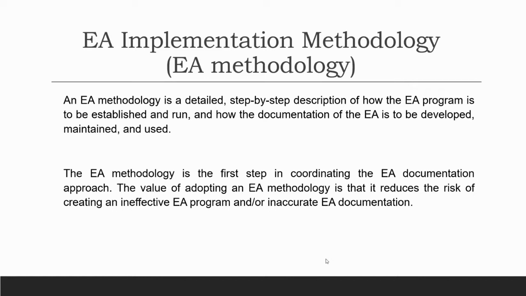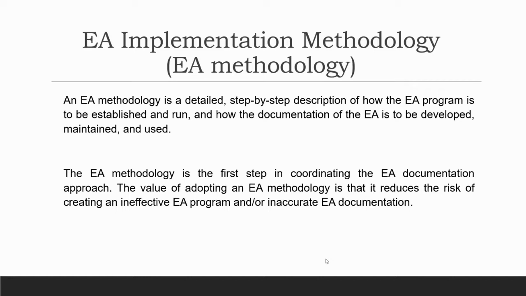So the adoption of a comprehensive enterprise architecture implementation methodology is one of the keys to success in enterprise architecture and business quality assurance. It also helps to get a program started and then guides the EA documentation efforts.